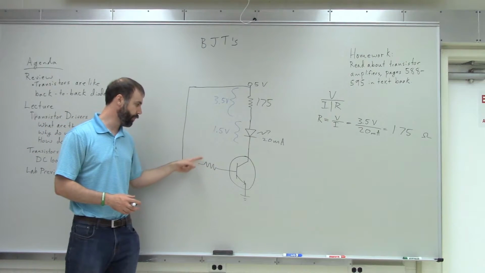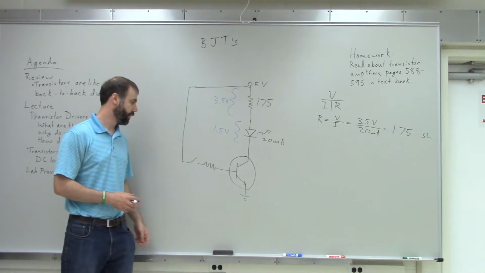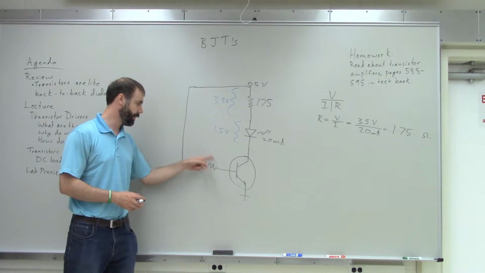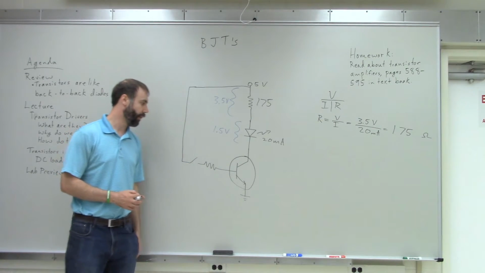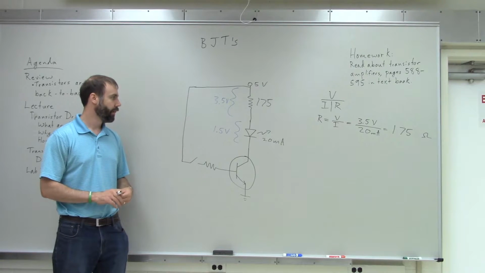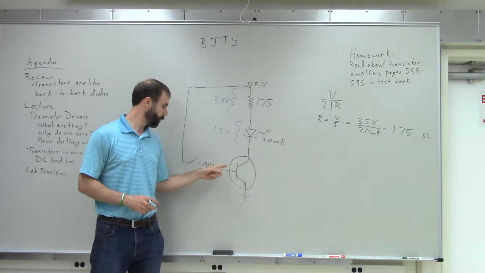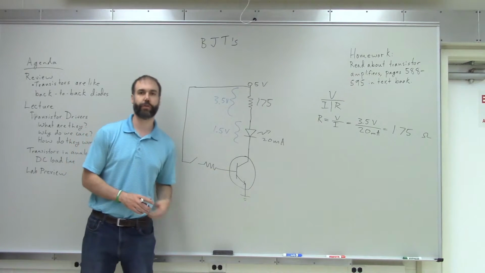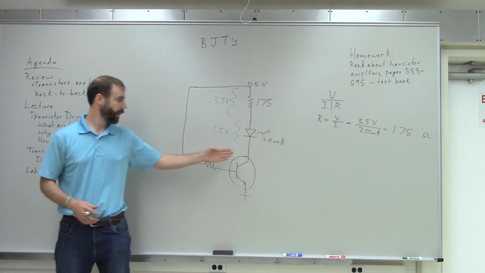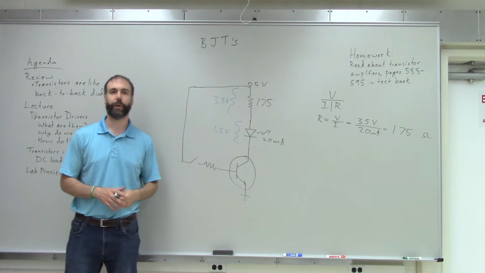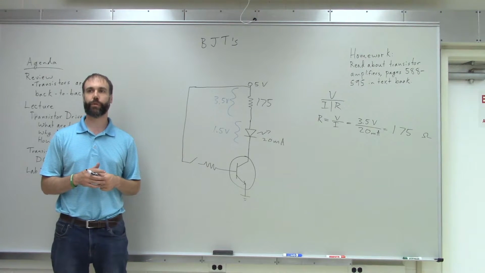And now we have to choose this resistor value, and this choice is going to determine how our transistor behaves, right? So when this switch is closed, we want the transistor to be on, completely on, and act pretty much like a wire, right? Have almost no resistance.